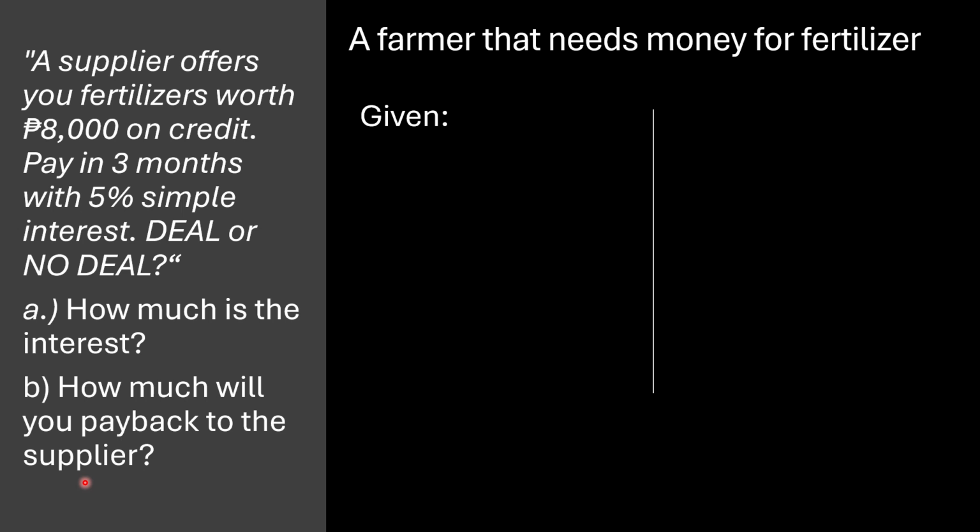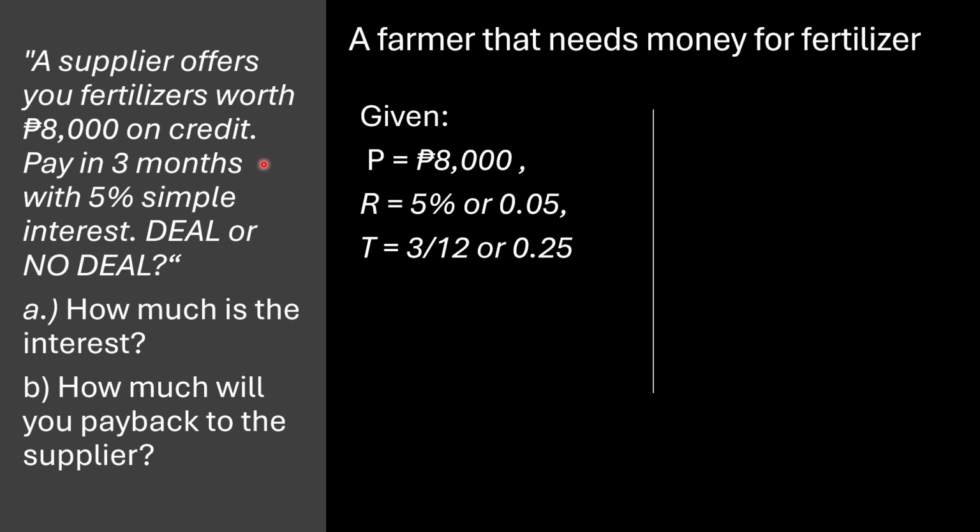Let us begin by identifying the given. This 8,000 pesos is our principal amount. And the 5% is our rate. Again, this 5% will be converted into decimal. This becomes 0.05 and our time is 3 months. Notice I placed here 3 over 12 because the time is expressed in years and 3 months is not equivalent to years.